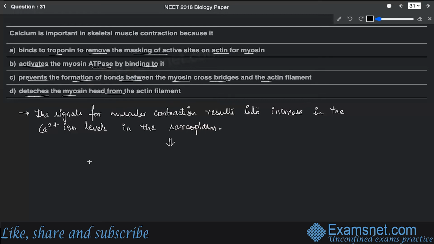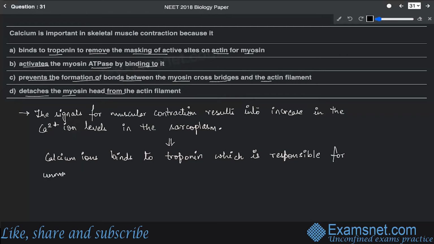Once the calcium ions are increased, they bind to troponin, which is an important protein involved in muscular contraction. Troponin is responsible for unmasking the active site on the actin filament.